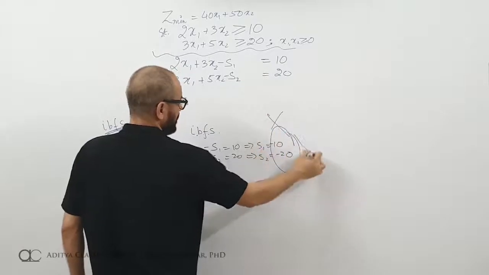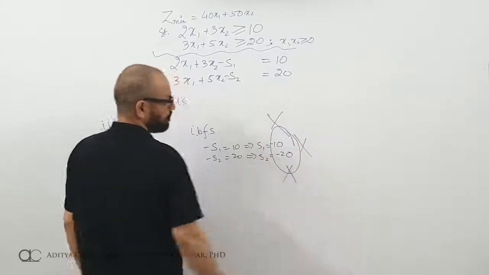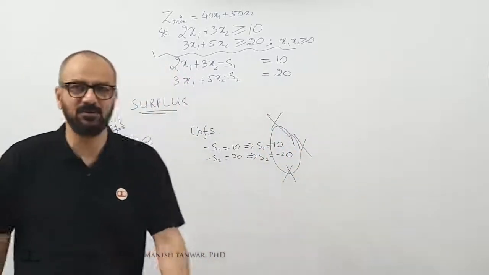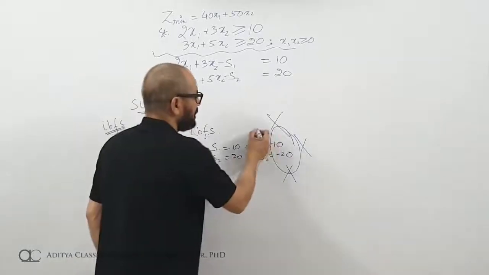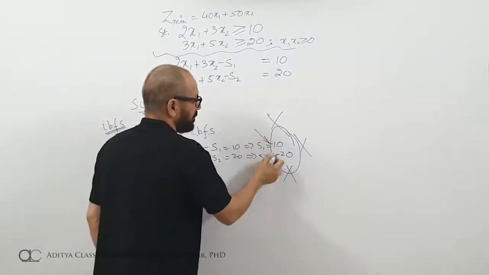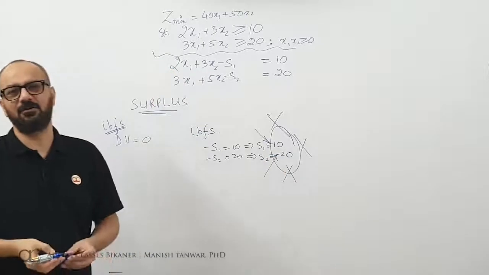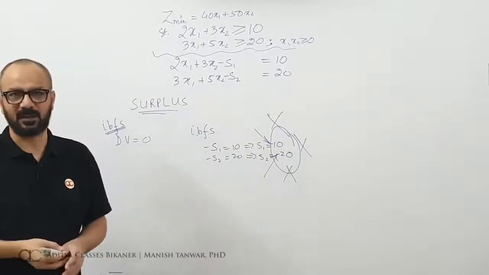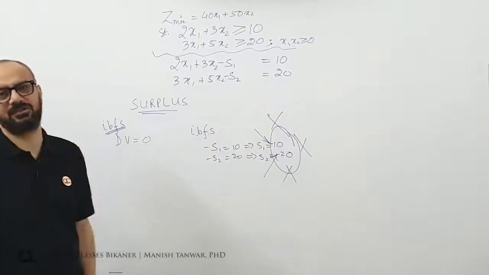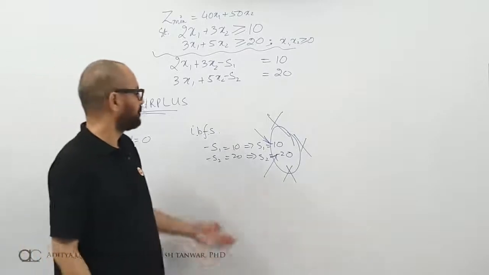This is a big no. Why is this a big no? You cannot have a negative starting point. IBFS cannot be negative. We cannot start with a negative solution for any variable.